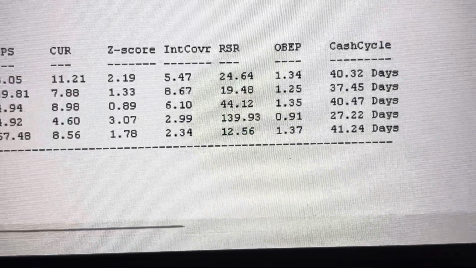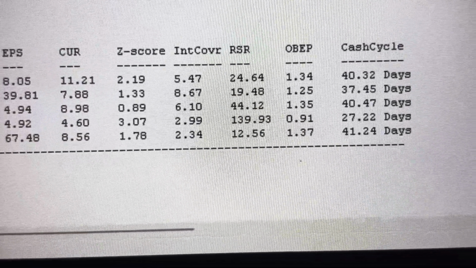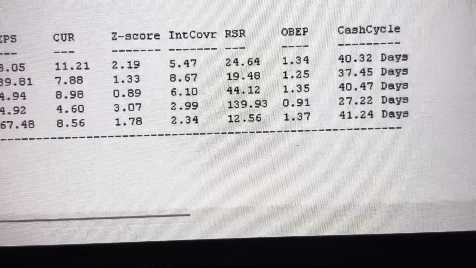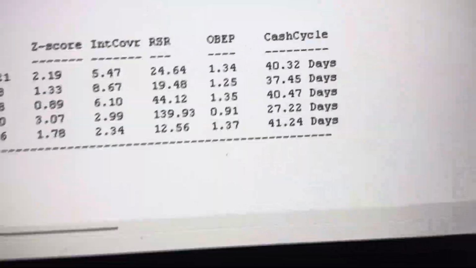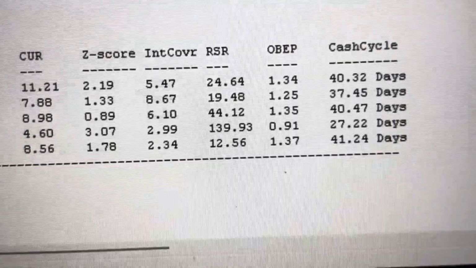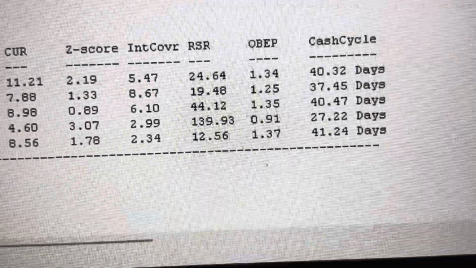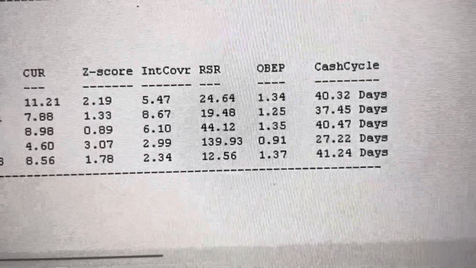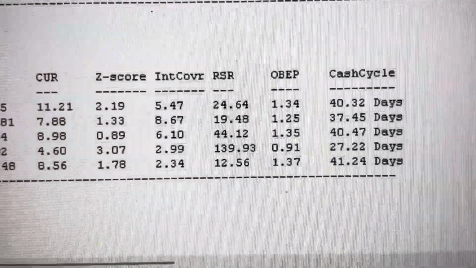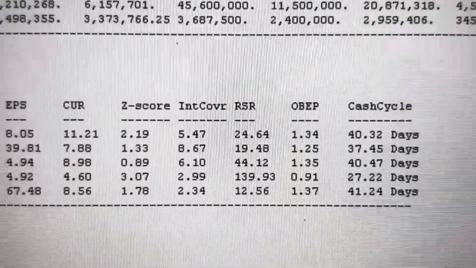And then the cash cycle is also there. You can see this is a very comprehensive ratio analysis that gives you a lot to do.